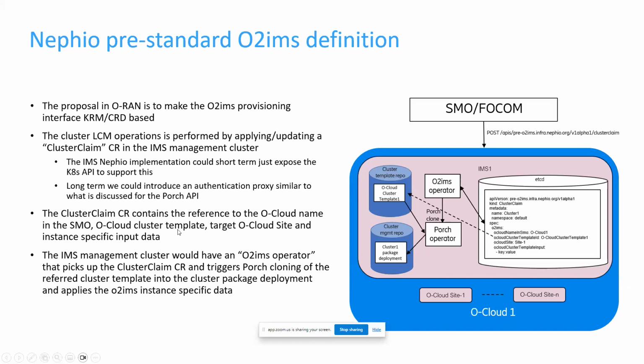And then you have an OCloud cluster template, a target site, and any other instance specific input data. That is a key value structure in my suggestion. I thought that would basically be what you need to send over. I don't know if you have any immediate comment on that.